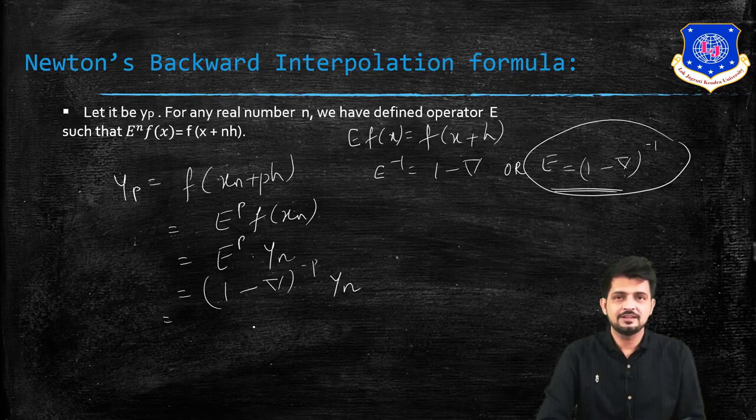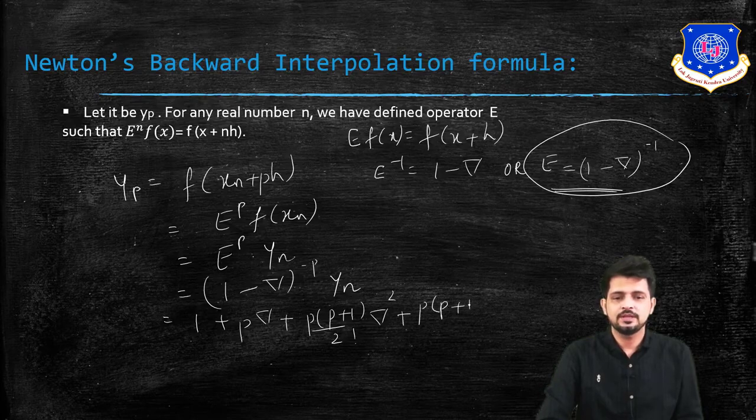If I simplify this using the binomial theorem, I can write it like this: 1 plus p nabla plus p into p plus 1 upon 2 factorial nabla square plus p into p plus 1 into p plus 2 upon 3 factorial nabla cube, and so on.